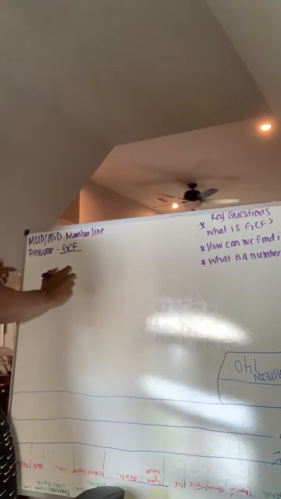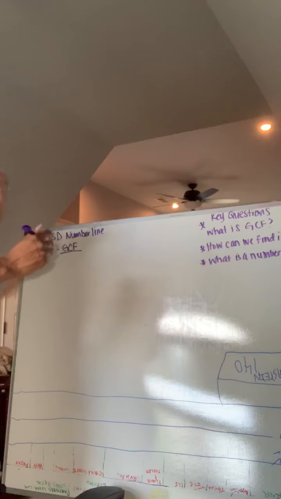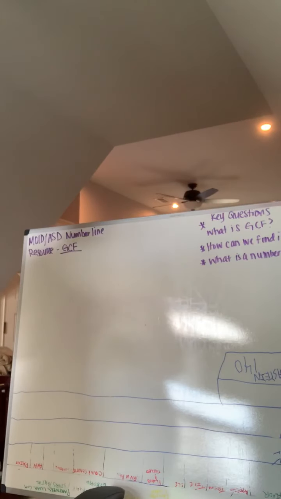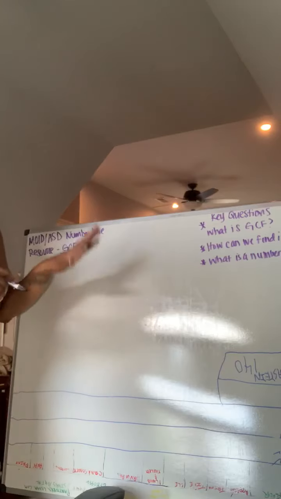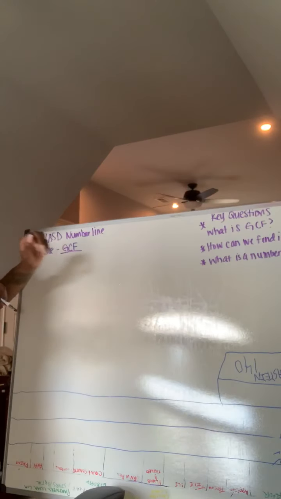So we have all these numbers. And I also want you guys to get out your dry erase boards and a dry erase marker. And I want you guys to follow along with me when I start writing up here on the board and when we start doing the number line.